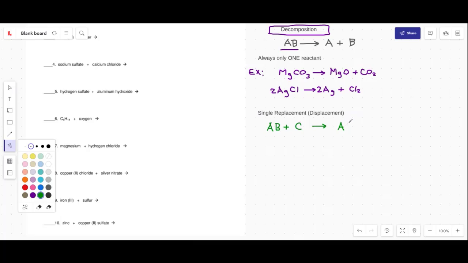So you might get AB plus C goes to form AC plus B, or alternatively, you might get AB plus C goes to form CB plus A.